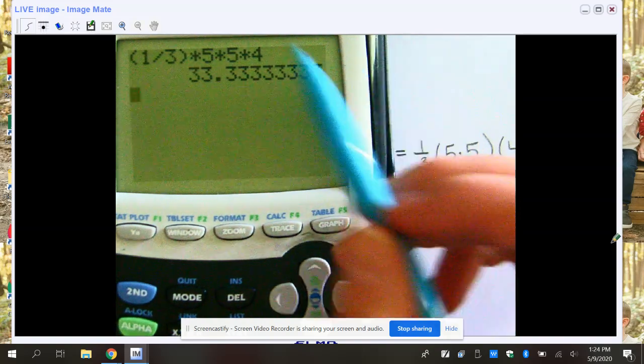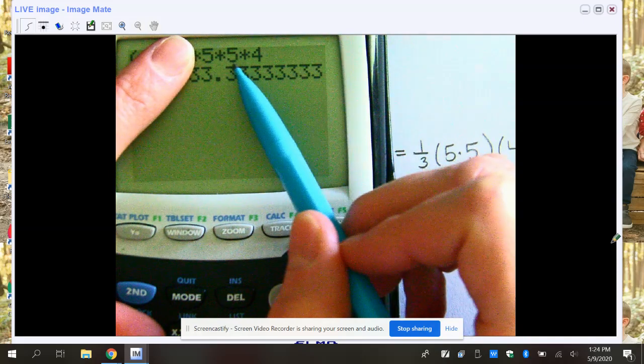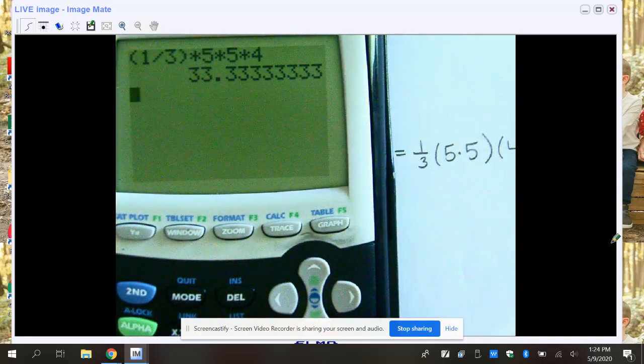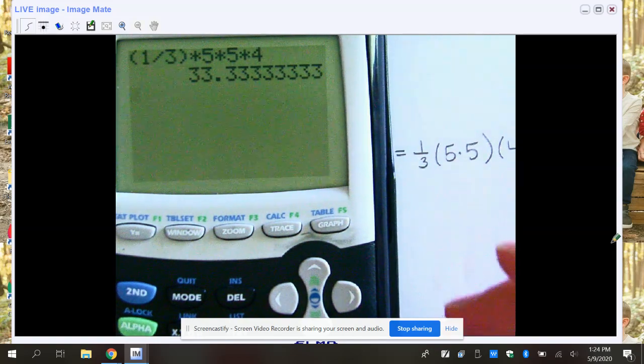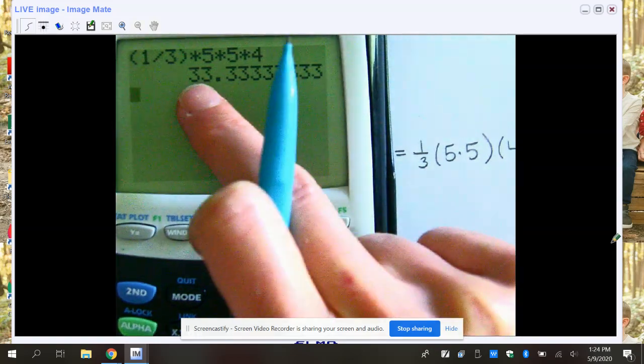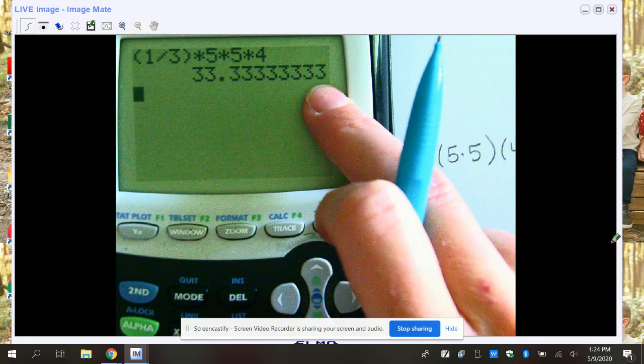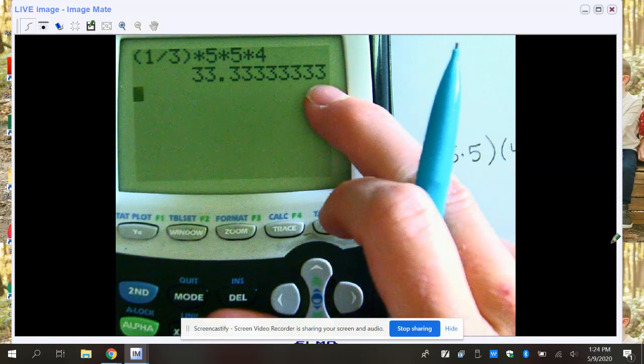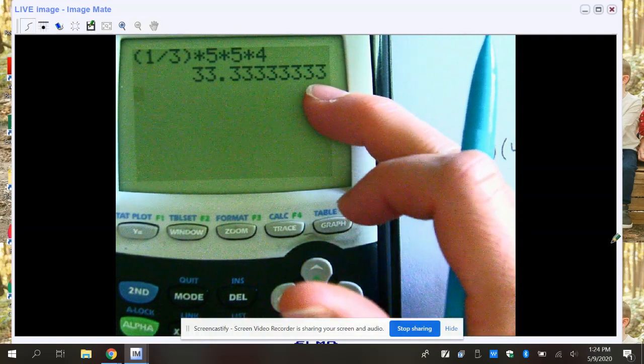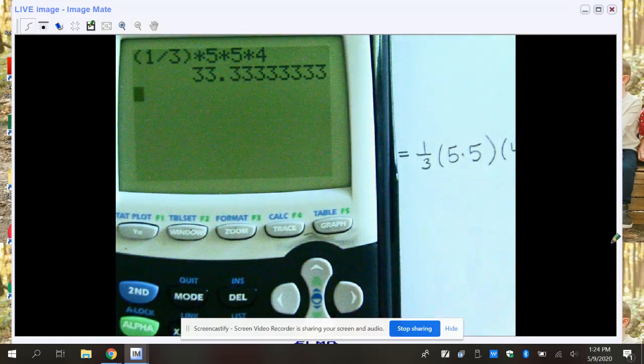That means that the 5 times 5 times 4 is not divisible by 3. We want, though, the exact and approximate answer. This is going to be the approximate answer, because we can't write that decimal as an exact decimal. It's not like 25.4 done, right?